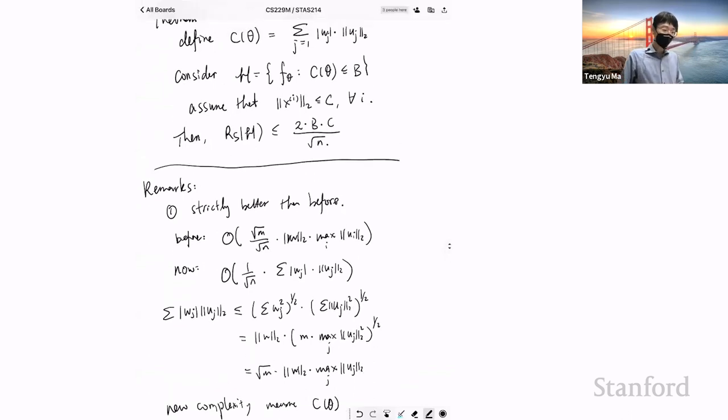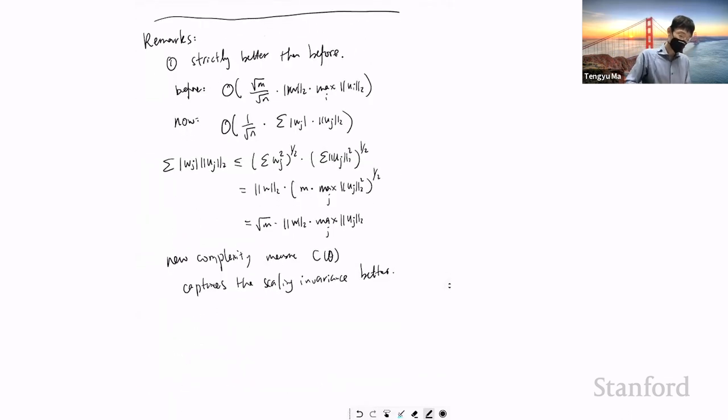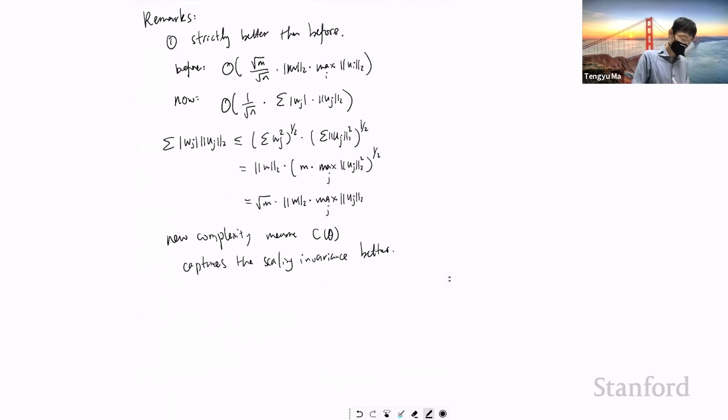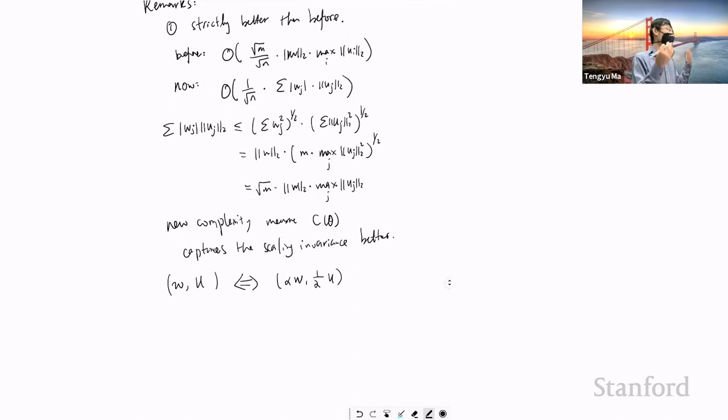What do I mean by that? What I mean is the following scaling invariance. If you have W and U, this is equivalent to alpha W and 1 over alpha U. This is because the ReLU is scaling invariant and you can do this. But actually you have a little more scaling invariance. You can scale each pair of neurons in this way.